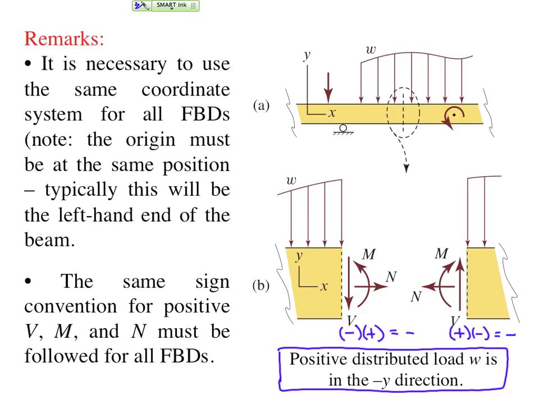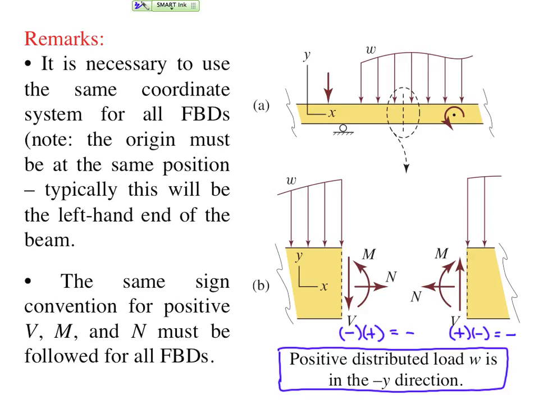When writing equilibrium equations based on our free body diagrams, the signs given to loads depend on their direction relative to the established coordinate system, not their sign convention. For instance, if we were writing equilibrium equations for the left figure in B, the shear force would appear as minus V in the y component force equation.